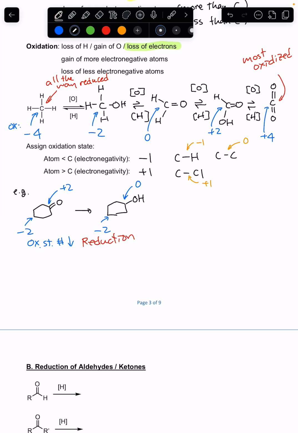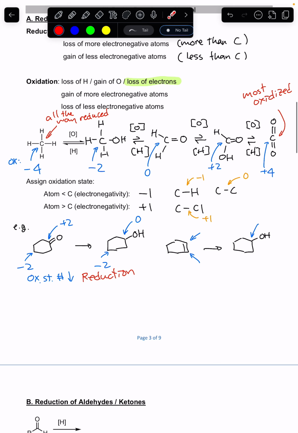Let's think about a reaction like this. There's an alkene that becomes an alcohol. That's something we're going to study in a couple of chapters. Again, you want to think about the oxidation states of the carbons that are experiencing change. So this carbon is changing, and so is this one: it had just 1 hydrogen, but now it has 2. So we want to look at all those carbons.